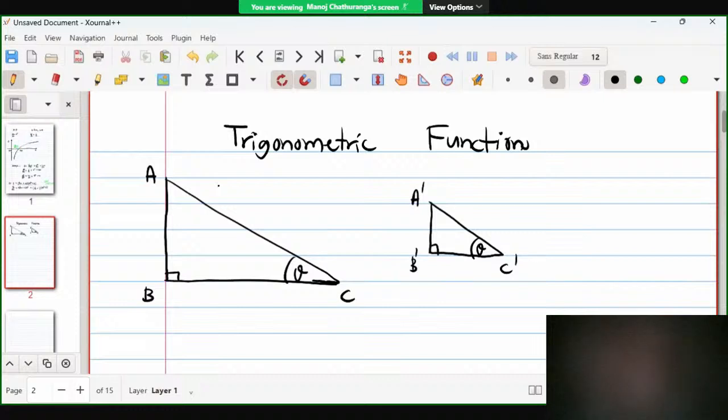Then the remaining angle is also the same because the sum of all the angles of a triangle is 180 degrees, pi radians. So these are called similar triangles: triangles with the same angles.